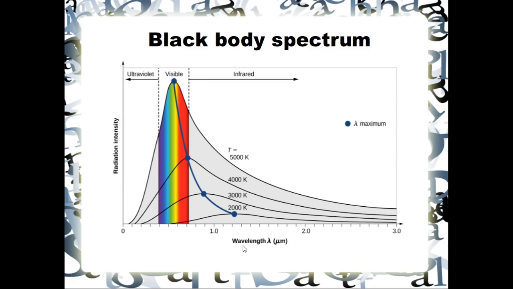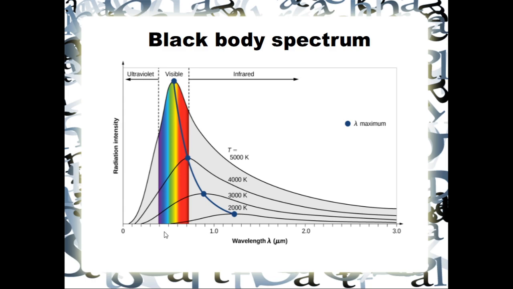So we have already seen that a blackbody radiates more when it is hotter. I think some of you have some confusion regarding the relationship of color and temperature. So let me repeat that.